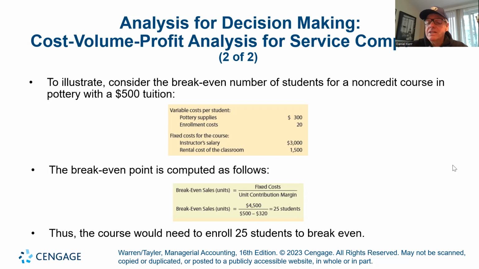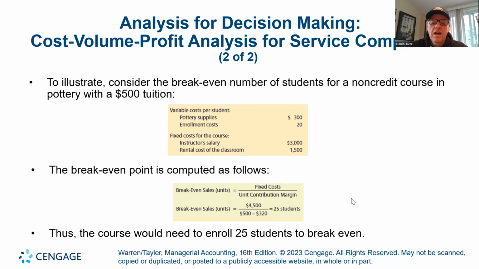Well, we know that we've got to take a look at the fixed costs, and compare those to the contribution margin per student. Our fixed costs here: we've got $3,000 to pay the instructor. It's a little bit lower than what we usually pay instructors. And we've got rental costs of the classroom of $1,500, so the fixed costs are $4,500.